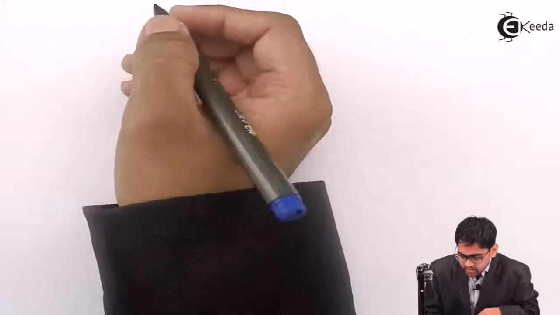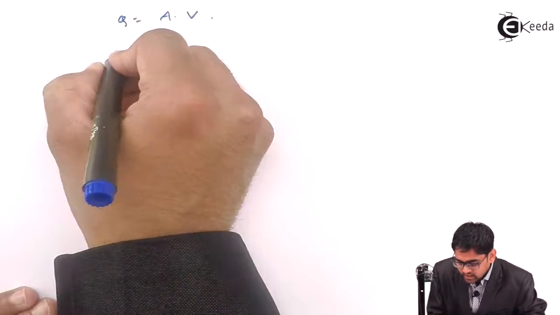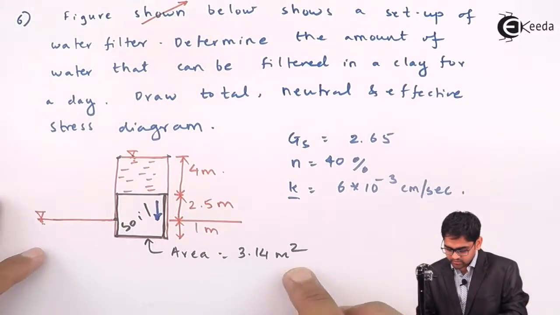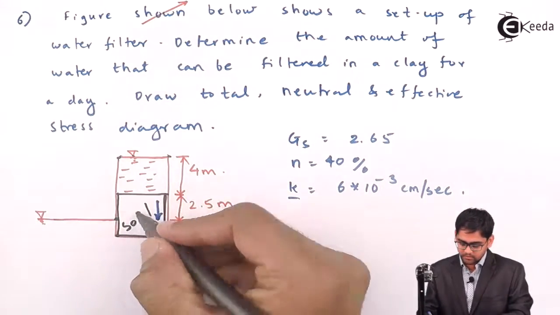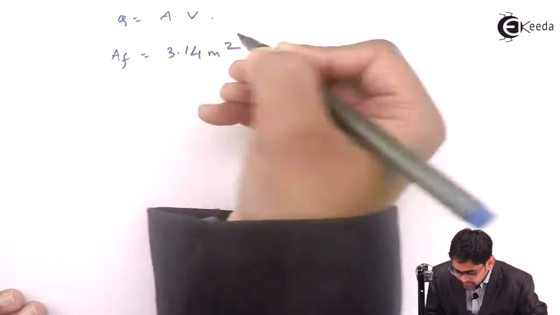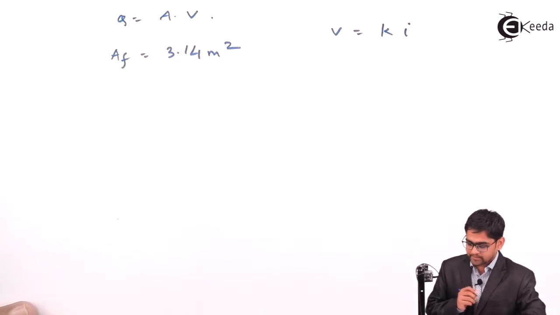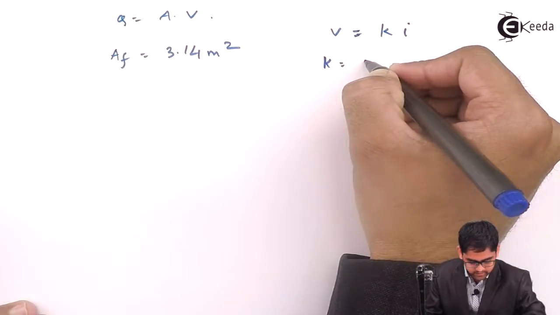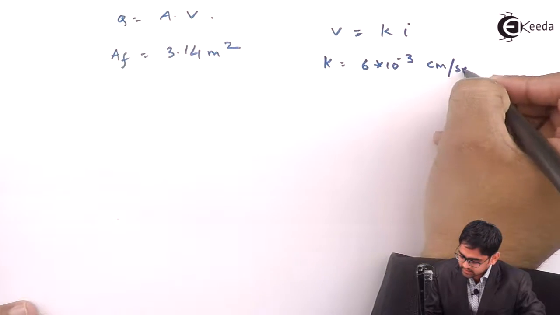From the concept, Q becomes equal to area into velocity. The area of flow, or the plan area of flow, is given as 3.14 meter square. From Darcy's equation, V becomes equal to K into I, and K is given as 6 into 10 raised to minus 3 centimeter per second.